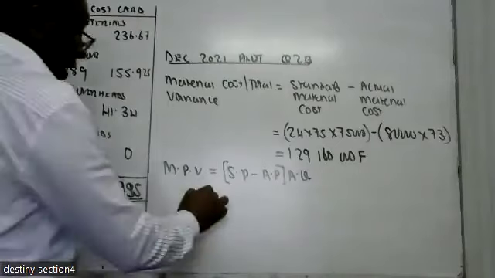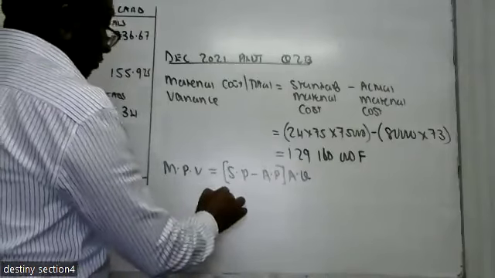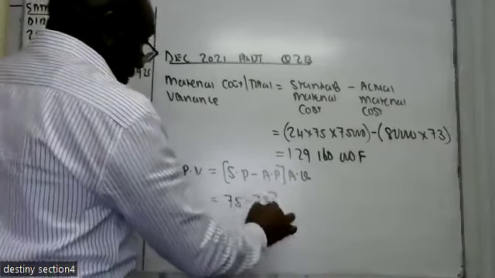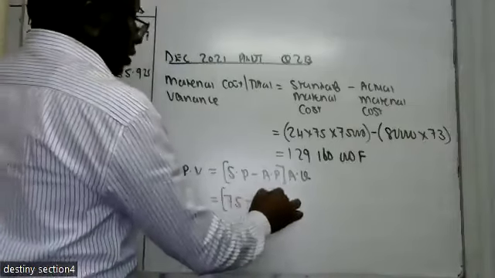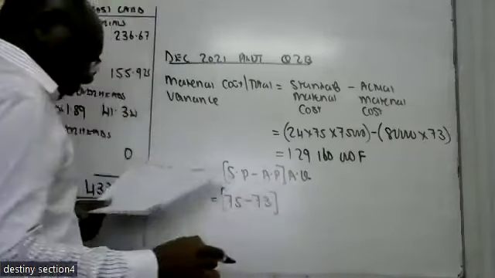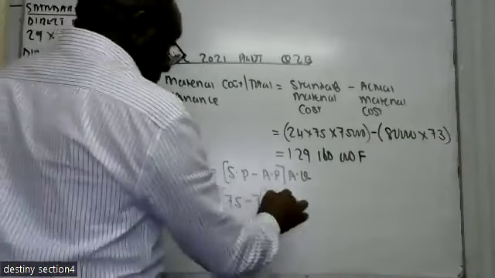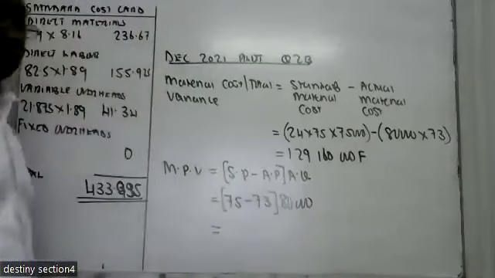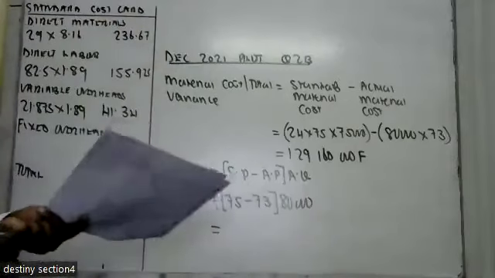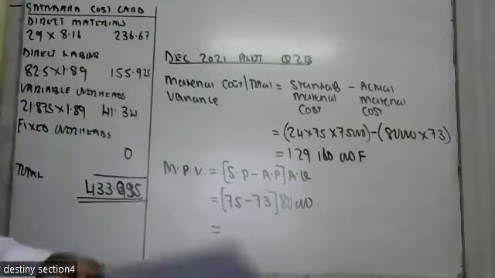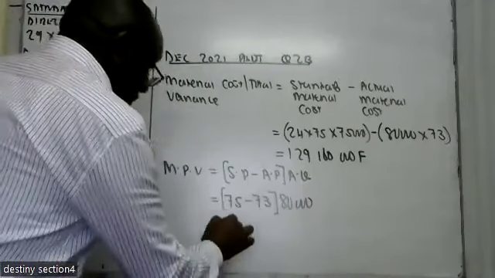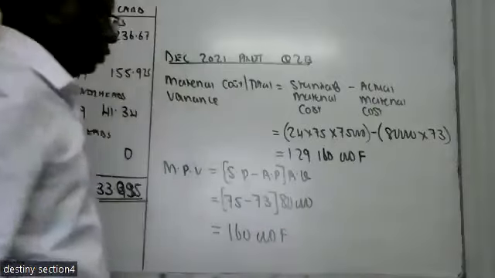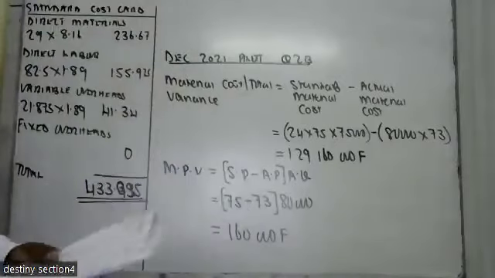So the standard price is 75, the actual is 73, and the actual quantity is 80,000. Okay, now this is favorable, because we paid a smaller price.